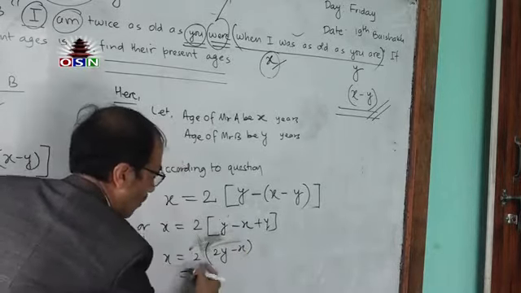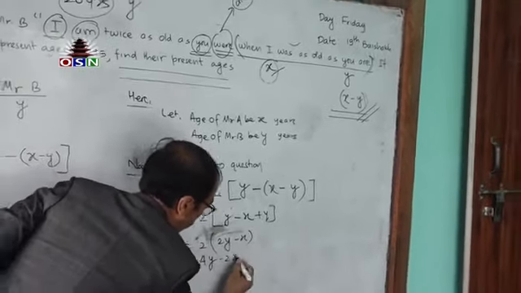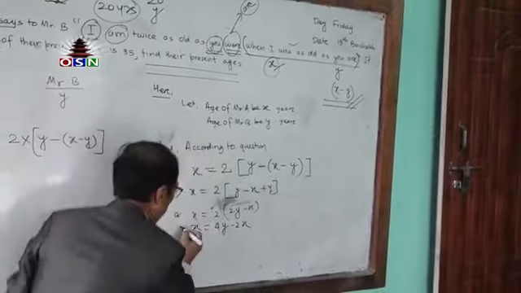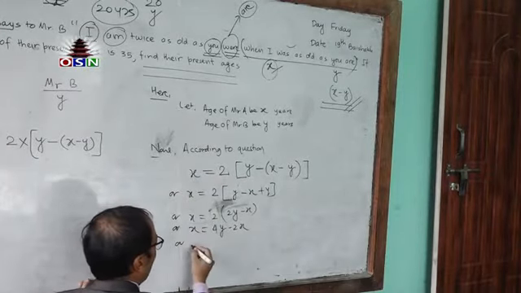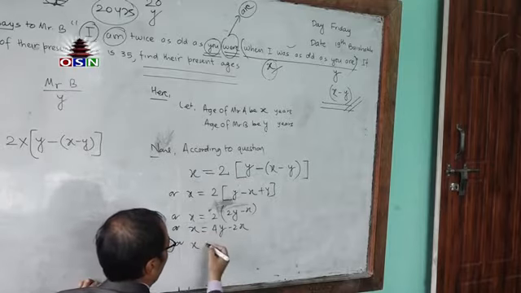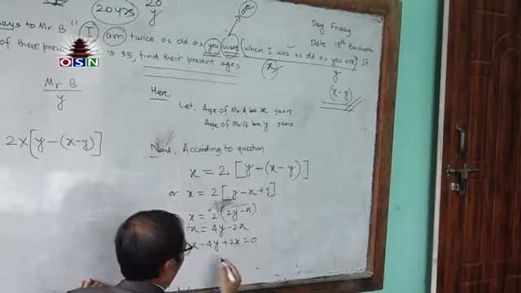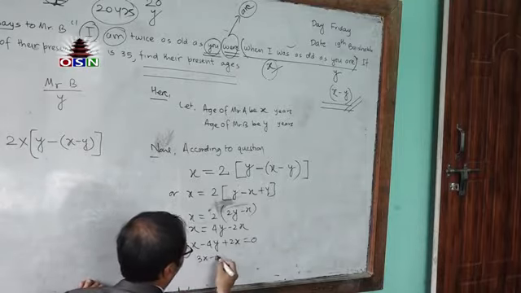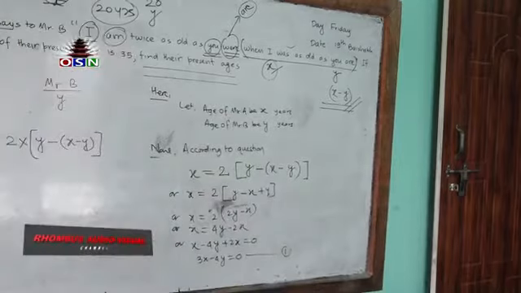Again we have to open the bracket. 2 into 4y, minus into plus, minus 2x. Then you will have to write all the terms on the left hand side. X plus 4y comes to minus 4y, and it comes to the left plus 2x, that is equal to 0. Finally we will get 3x minus 4y equal to 0. This is equation number 1 we have got.